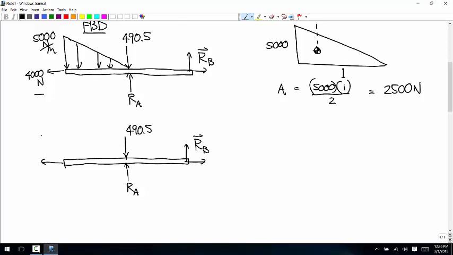The horizontal force of 4,000. And then over here we have the downward force of 2,500, where this distance is 0.3 repeating.